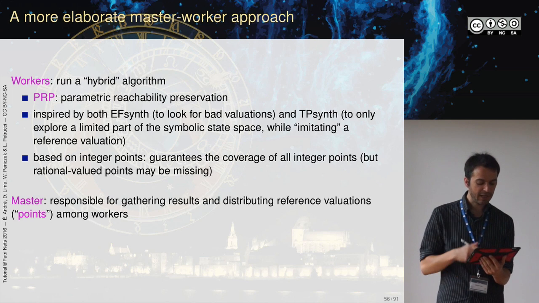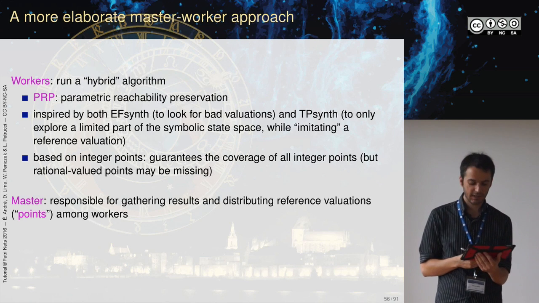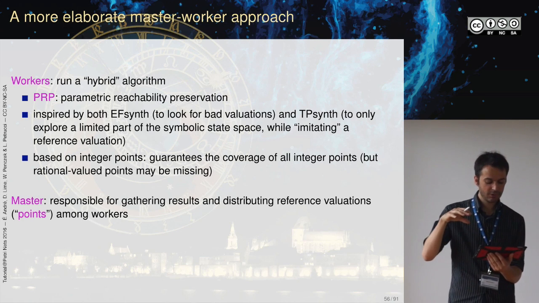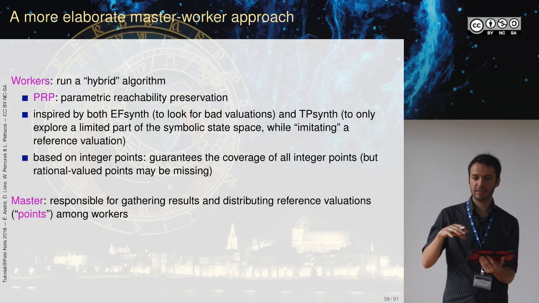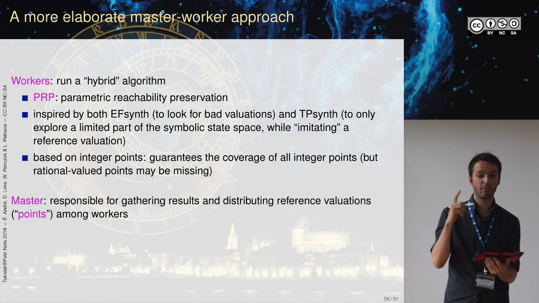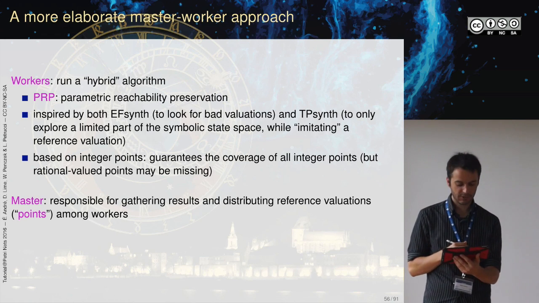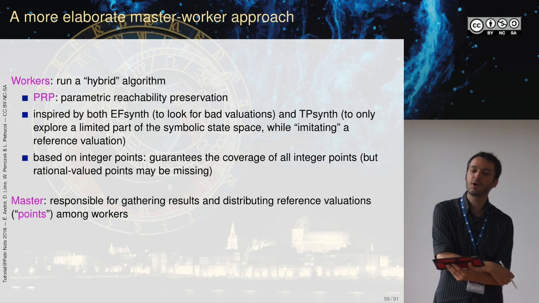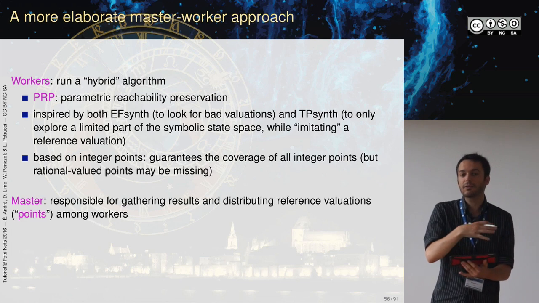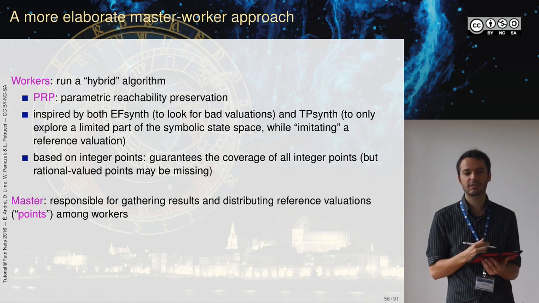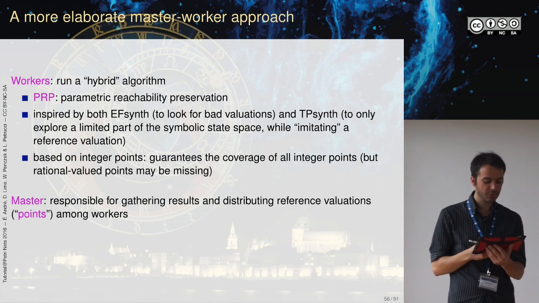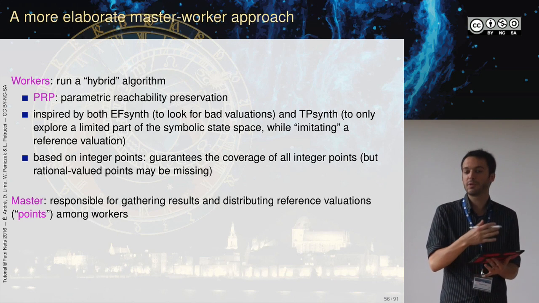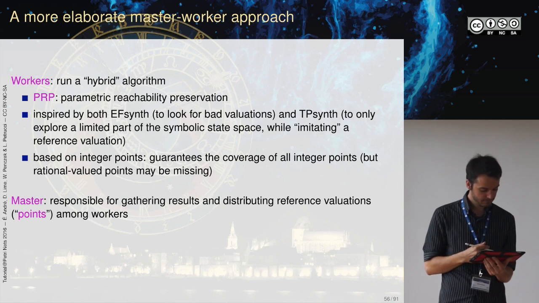It will be inspired by the reachability synthesis algorithm and also the trace preservation synthesis, because we just explore a limited part of the state space and we take advantage of one integer reference valuation. So this is based on integer points. We will guarantee the coverage of all integer points, but we cannot guarantee with 100% certainty that all rational-valued points will be covered. Also because, once more, this is undecidable, so we know that we will miss some parts.